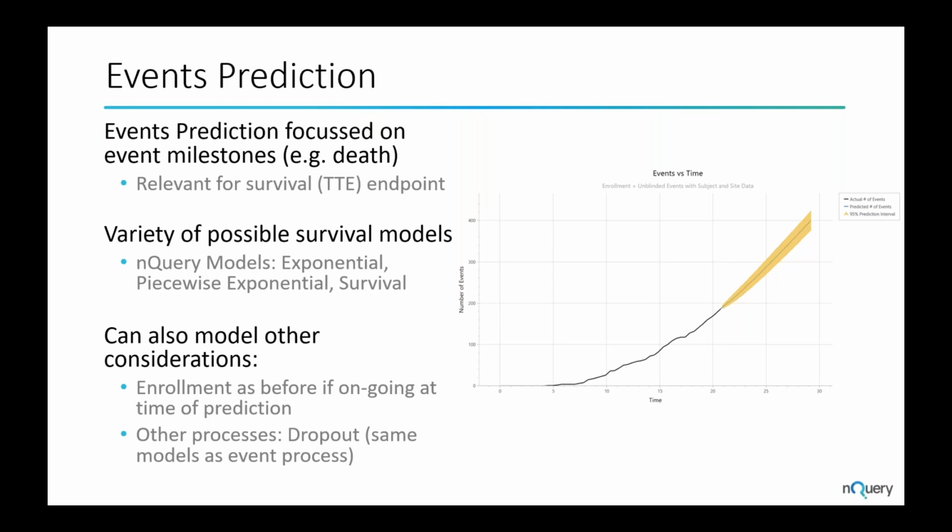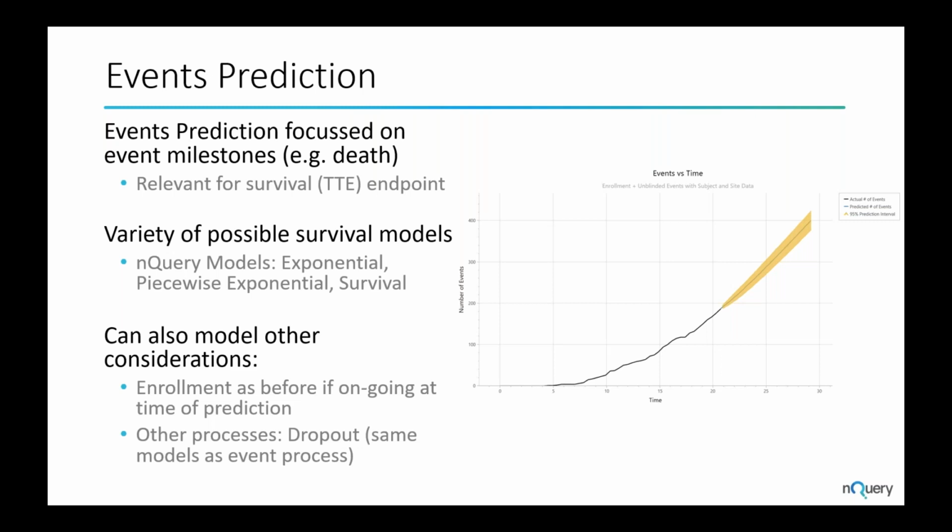But where this gets a bit more complicated is that you need to model the survival events process alongside other considerations. For example, if recruitment is still ongoing, then we still need to consider accrual milestones because without people in the trial, you can't have any events.